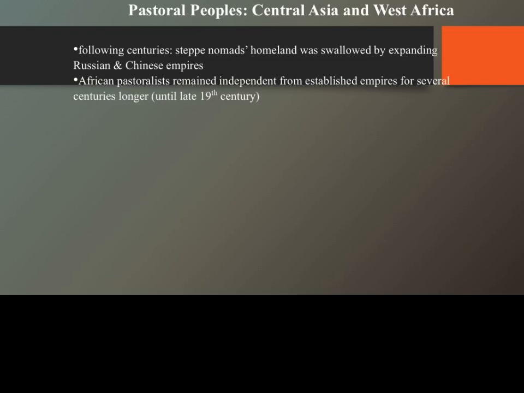In the following centuries, like I mentioned, the steppe nomads' homeland was completely swallowed up by the expanding Russian and Chinese empires. And African pastoralists, however, remained independent from established empires for several centuries longer, until the late 19th century, which we'll learn about as the scramble for Africa.